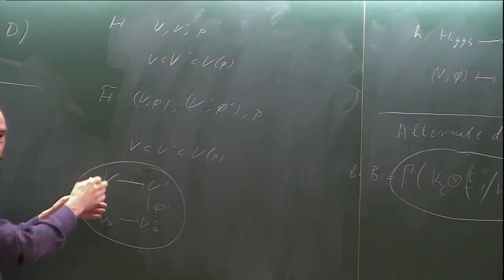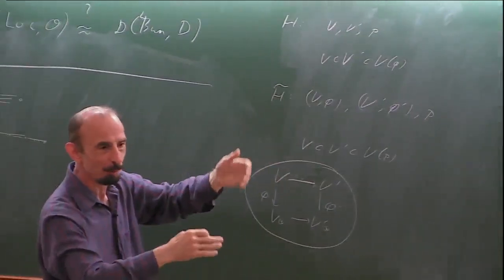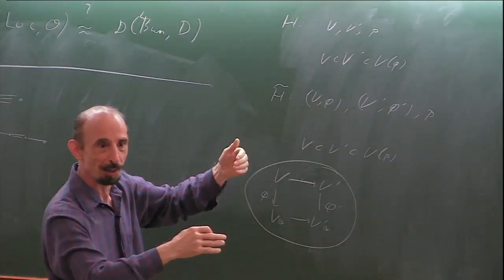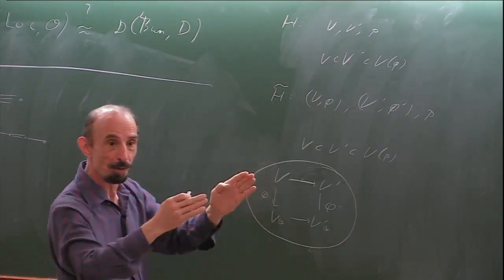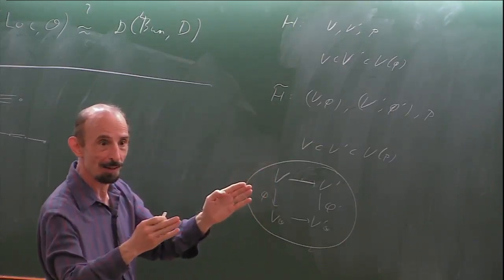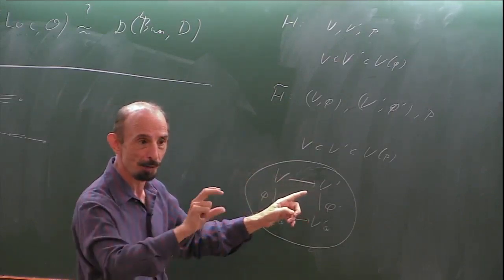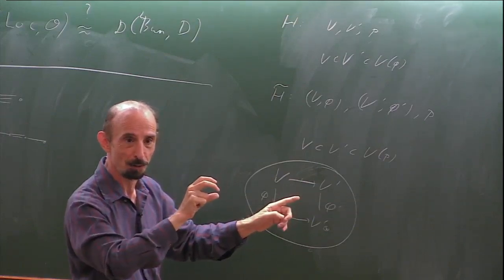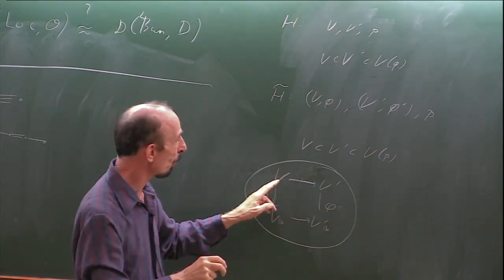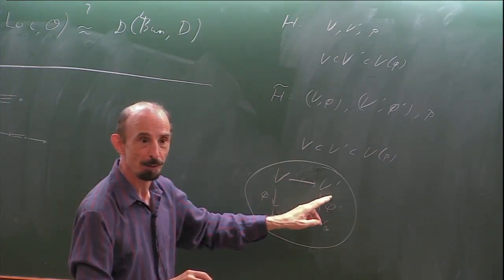So in the generic case where phi is a diagonal, a semi-simple diagonal matrix with distinct eigenvalues, then V decomposes into a sum of n distinct lines, and I'm only allowing modifications based on a subspace that's a combination of some finite subset of those lines. So given a V and a phi, there will be only finitely many V primes that I can get.